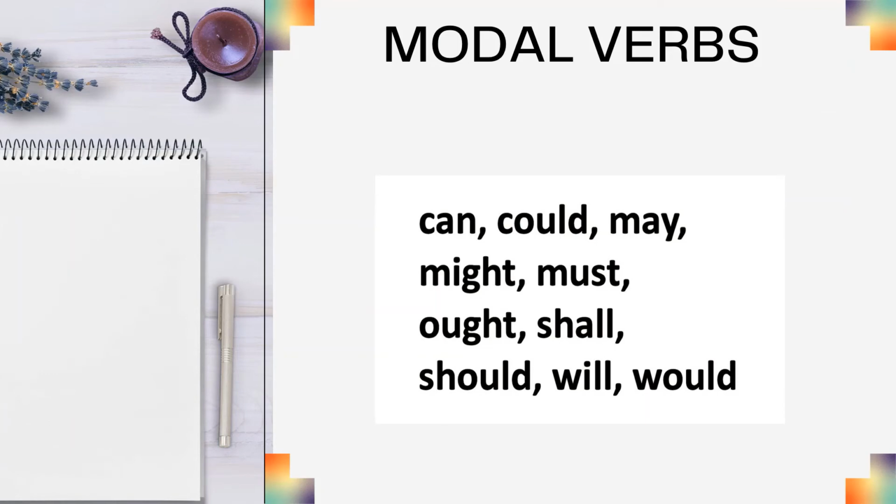In order to write that essay, I used language features. The first is modal verbs like can, could, may, might, must, ought, shall, should, will, or would. These modal verbs are used in sentences to provide support to the main argument.